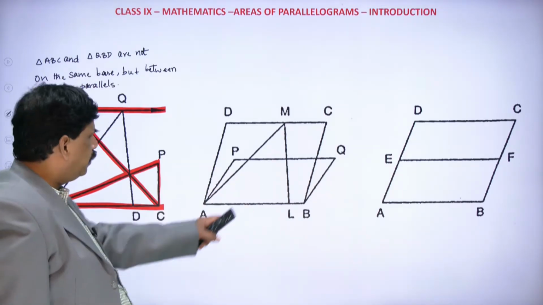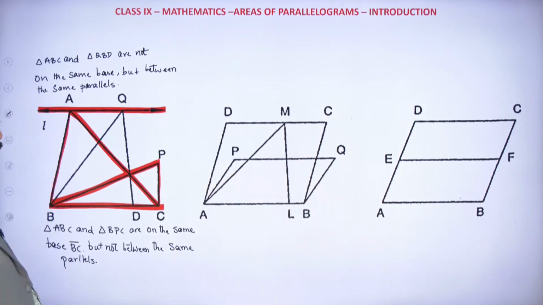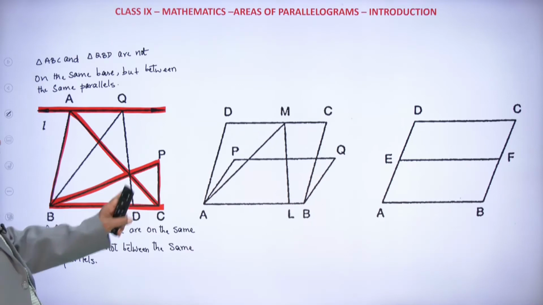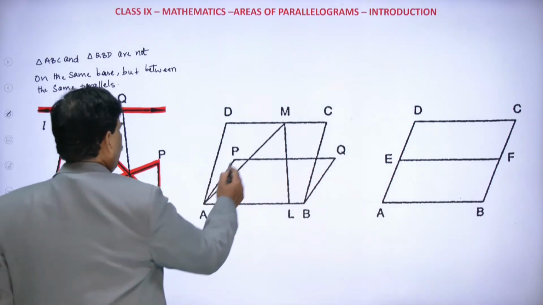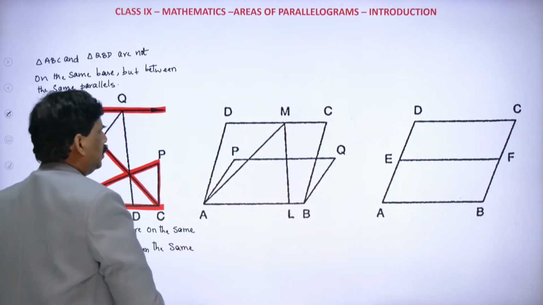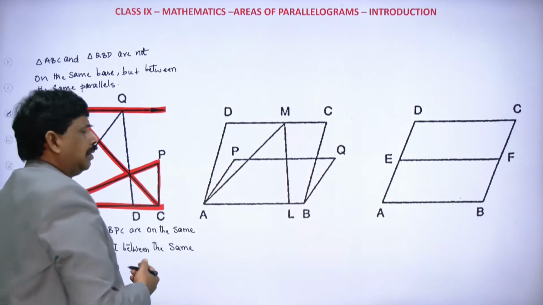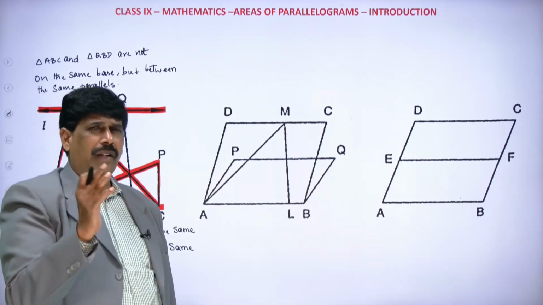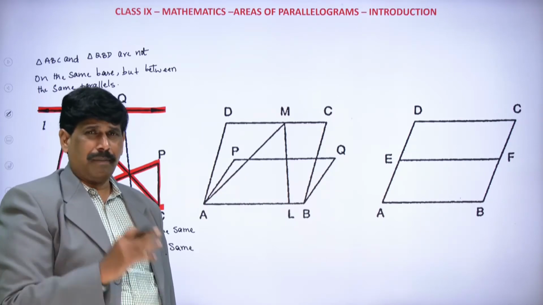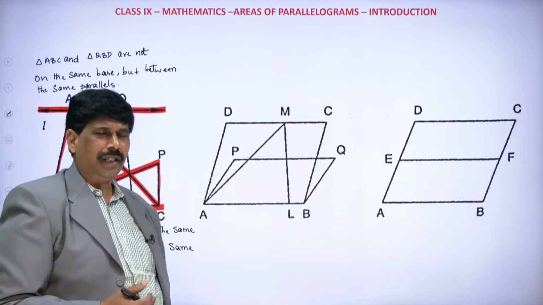Now you look at here. What are you seeing here? You have a triangle AML, and you have a parallelogram ABCD. Are they on the same base here? They are not on the same base, but they are between the same parallels. Clear?